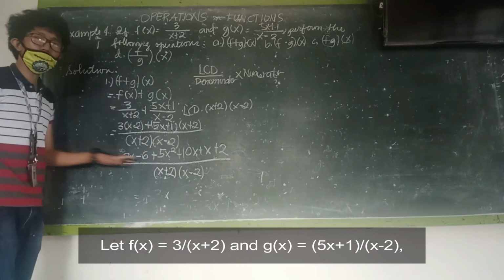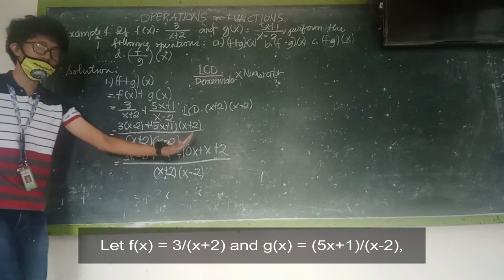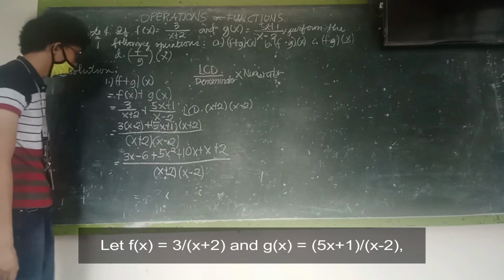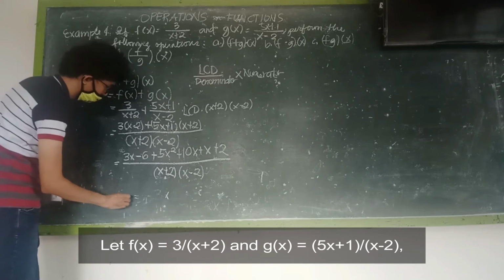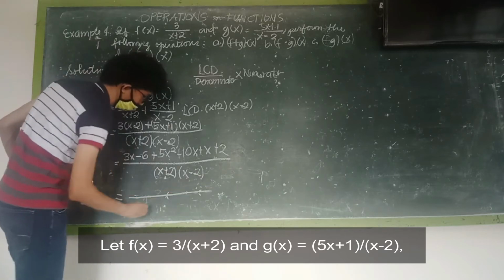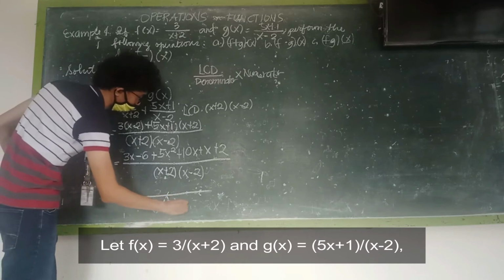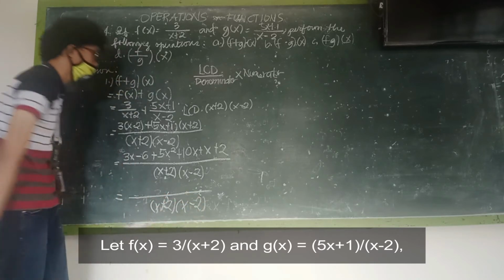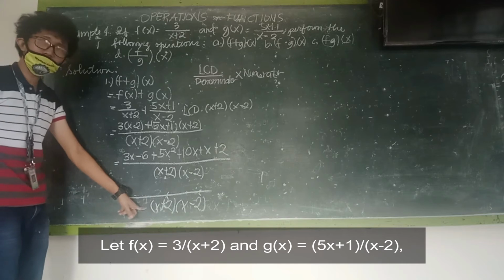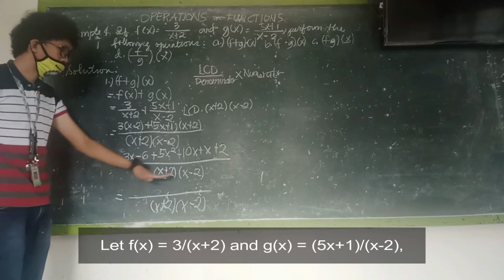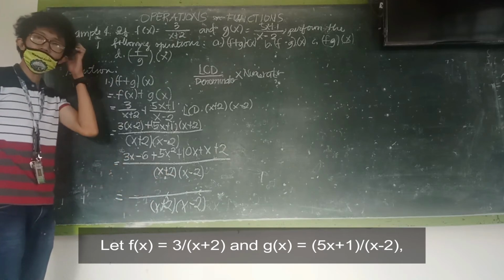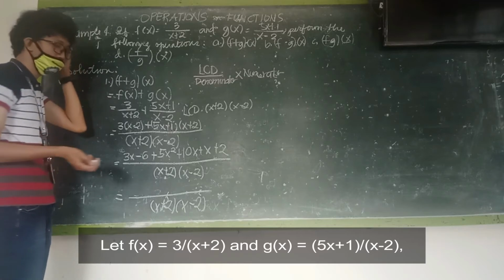Then after nyan, i-combine natin lahat ng terms na nasa taas. So we have here x plus 2, x minus 2. So we have x plus 2 and x minus 2 sa denominator. So ang denominator natin dito, always the LCD.